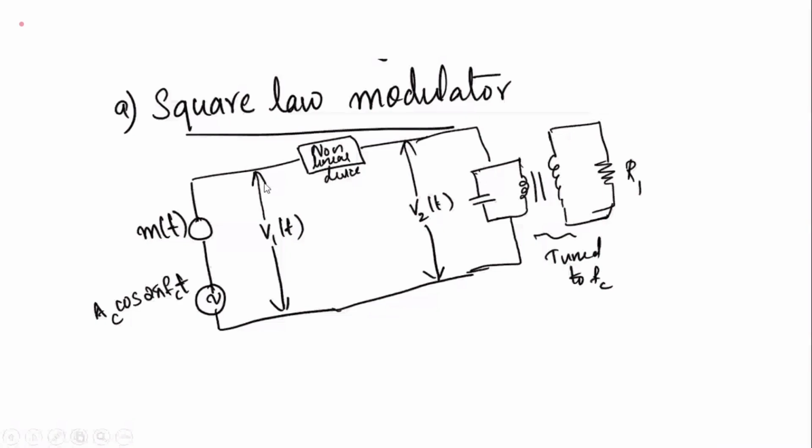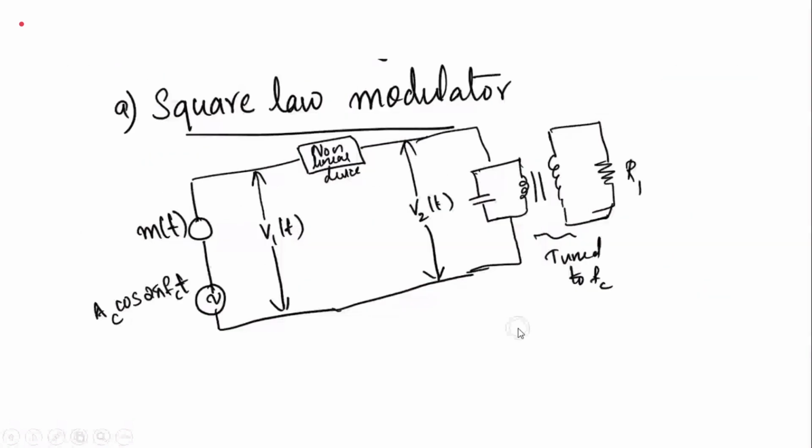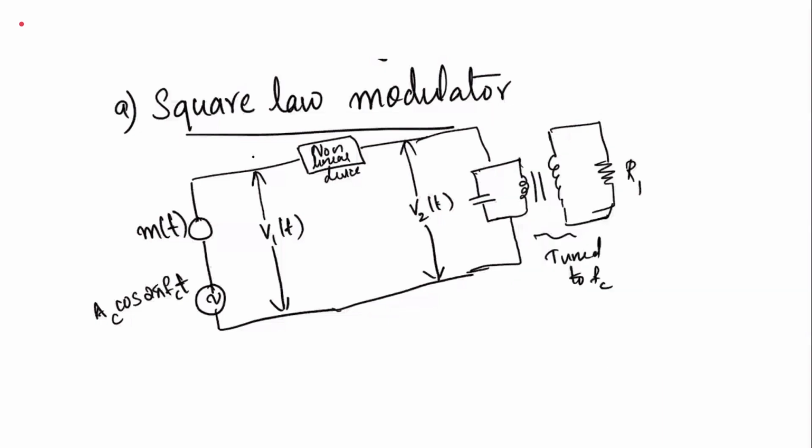The input to the nonlinear device is the sum of Ac cos 2 pi fc t and m of t, and that will be my V1t, the voltage at the input. At the output of the nonlinear device, you have voltage V2t.